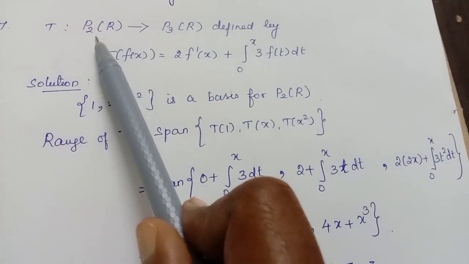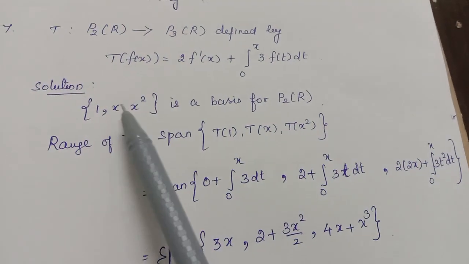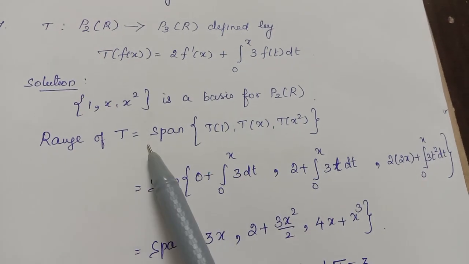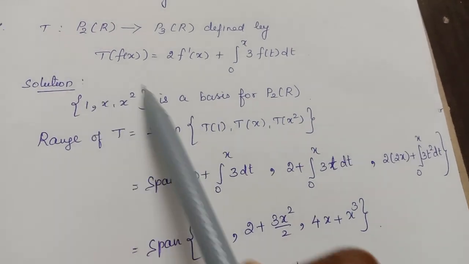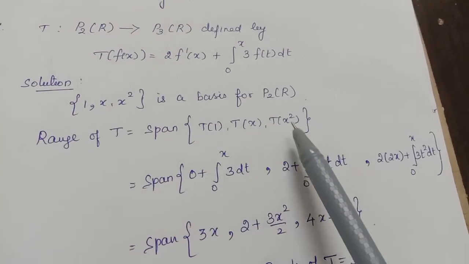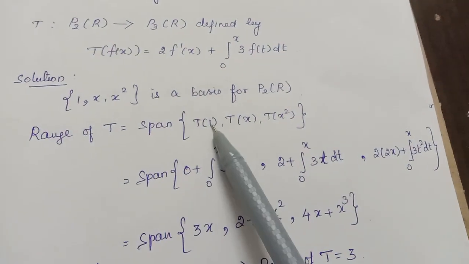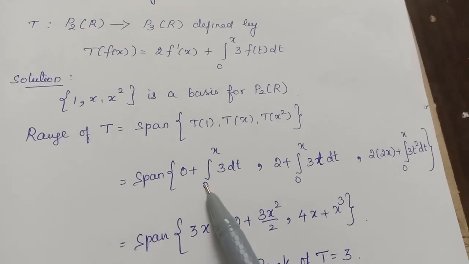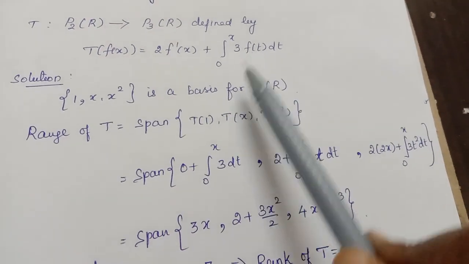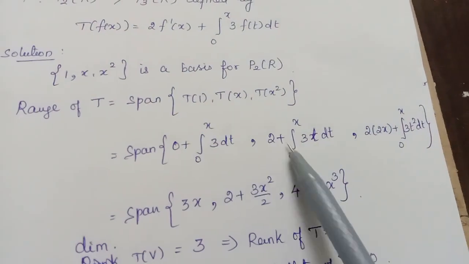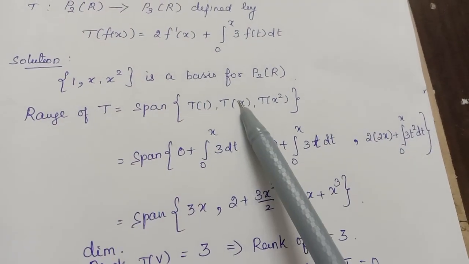So here for this vector space 1, x, x square is a basis and this is of dimension 3. Now range of T is equal to the span of the image of this set. So T of 1, T of x, T of x square. T of 1, substitute here, f dash of x, when you differentiate 1 it will become 0, plus integral 0 to x 3 into f of t, which is 1 here. So 1 into dt. For T of x, 2 into f dash of x, that is the differentiation of x, is 1.